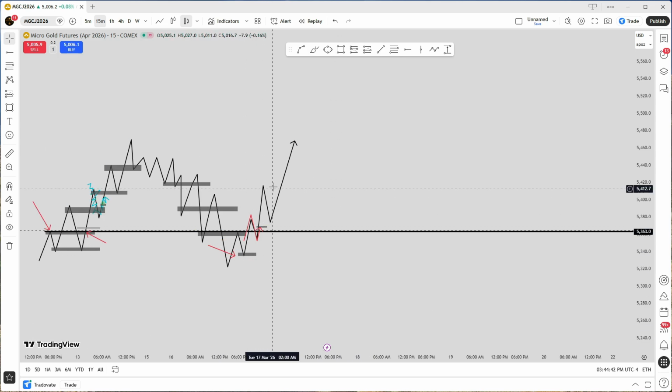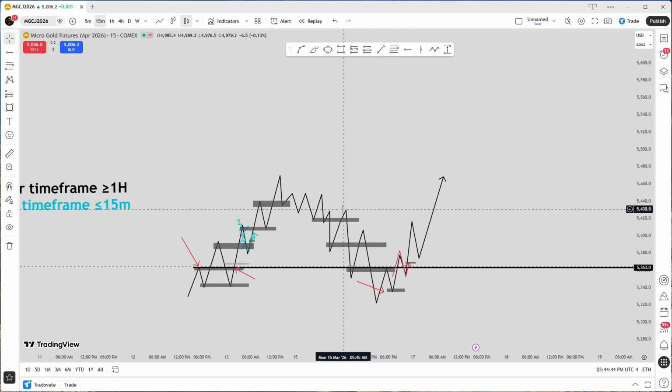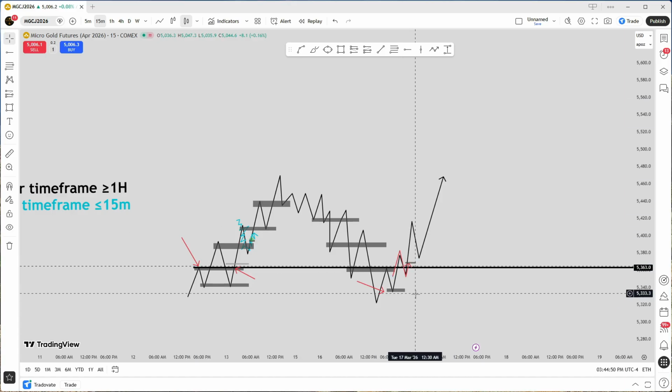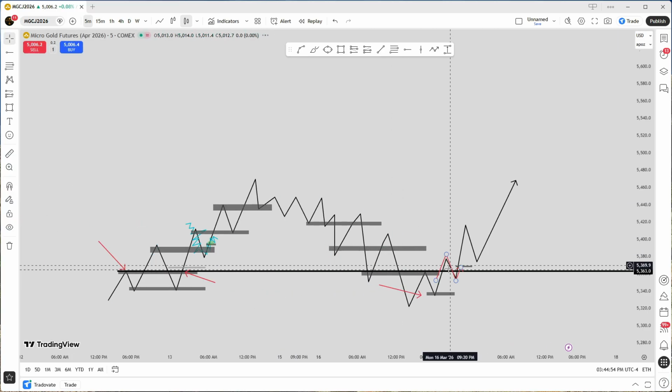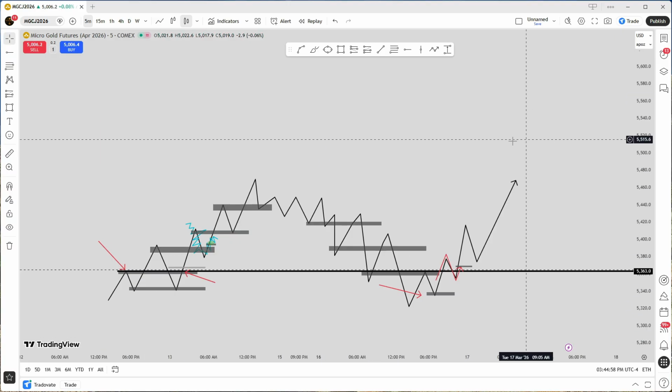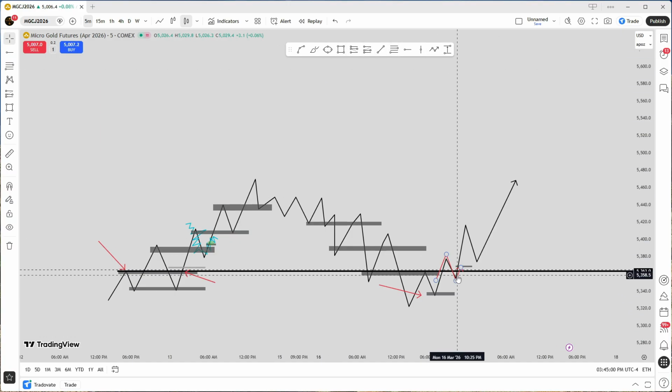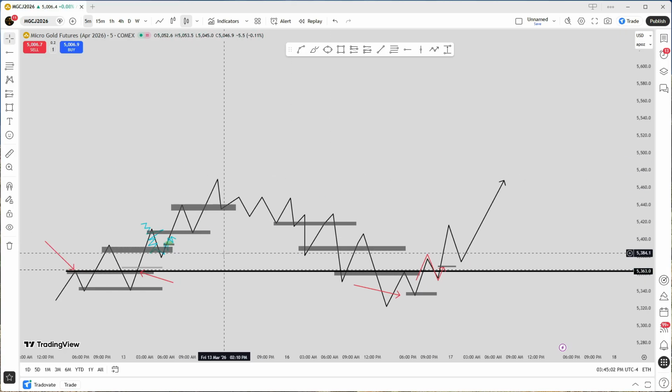So yeah, remember, stick to the higher time frame structure. Wait until price is back above or below that level. Go to the lower time frame. Wait until price breaks a high or low in your direction. And the key thing is, let's do this example here.